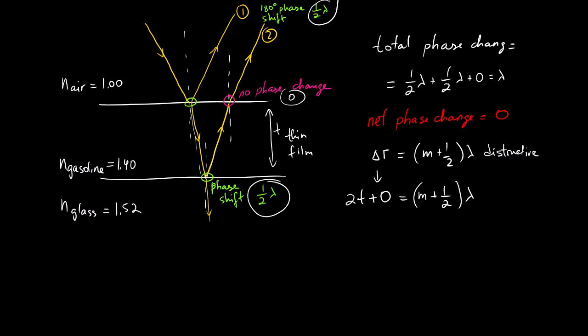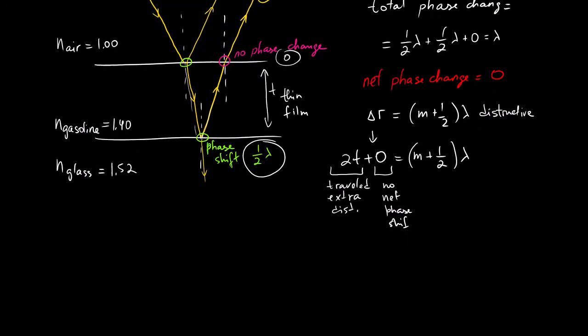So pretty much you have the distance that the second wave traveled, an extra 2t distance here, and no net phase shift. Okay, so in this particular case, this would be for the destructive interference.